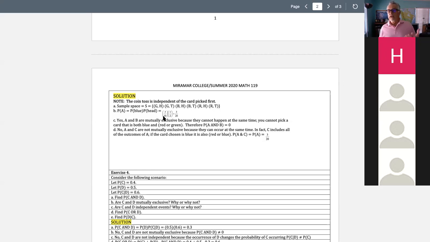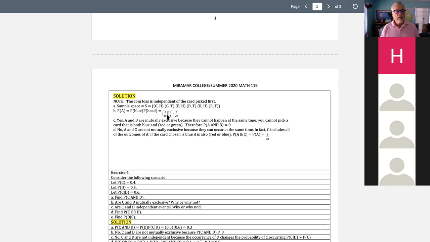So here you have 2 events. Something happens, something doesn't happen. Those 2 events are mutually exclusive because they're complementary. So that's one obvious example of 2 events that are mutually exclusive, A and not A.